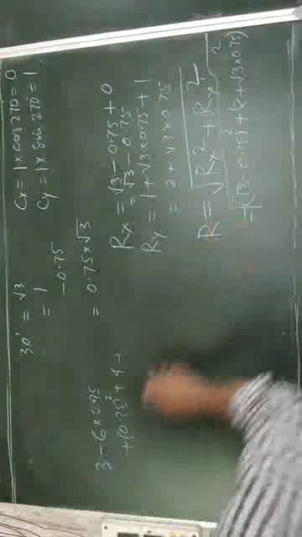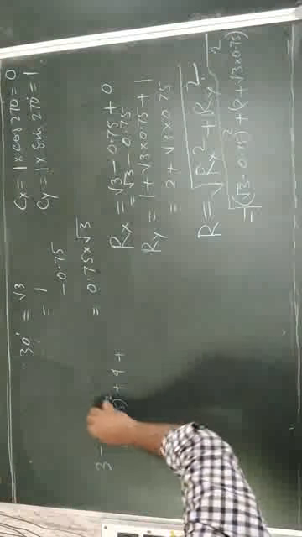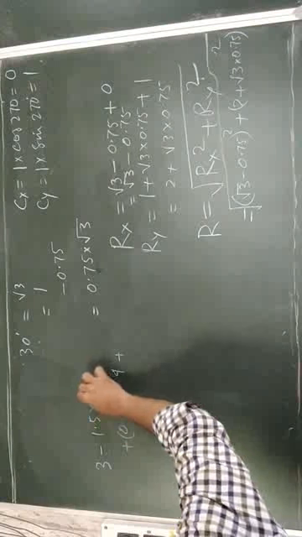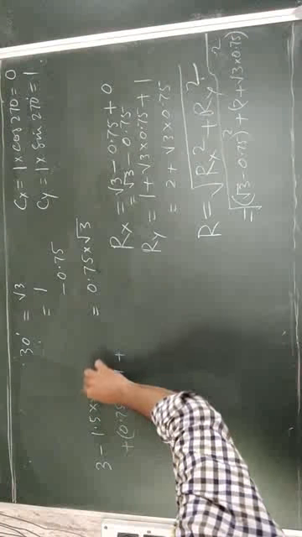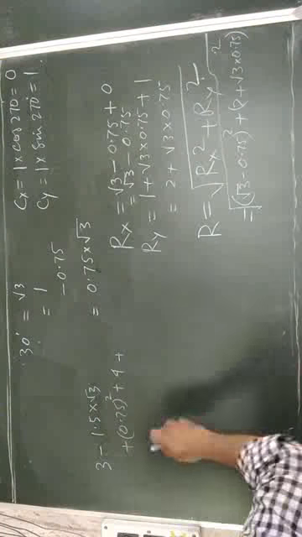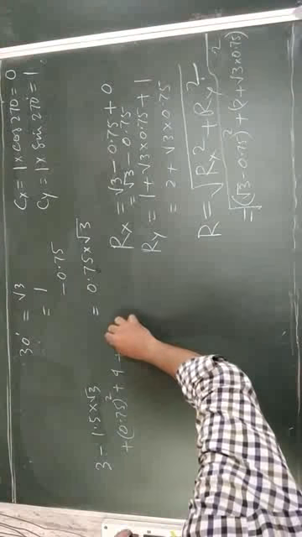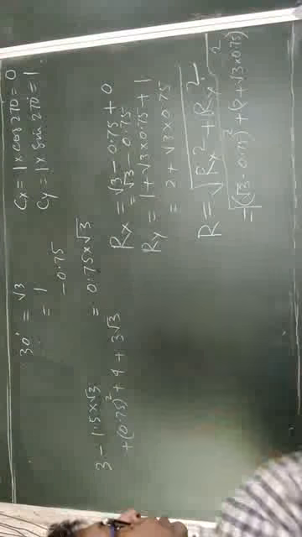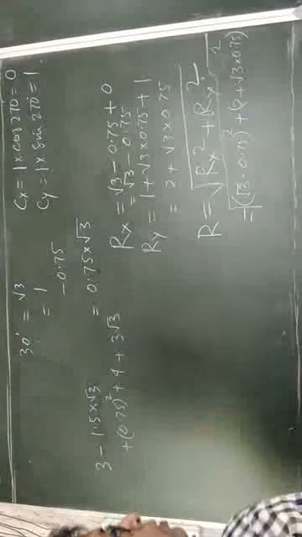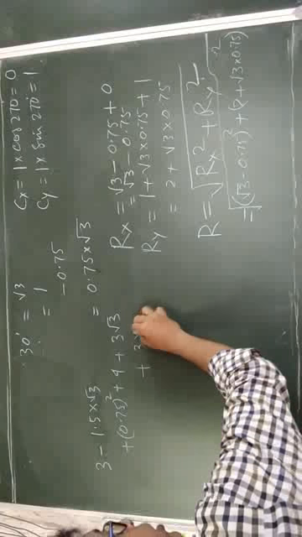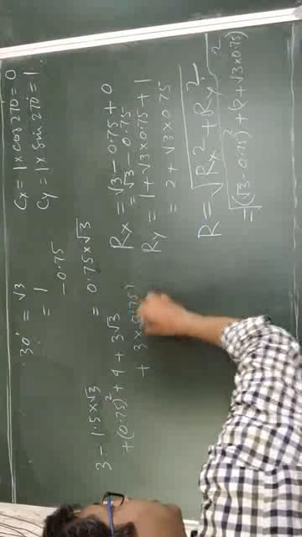That means 1.5 into root 3. And this one is 4 plus 3 root 3, 4, okay, plus 3 into 0.75 square.